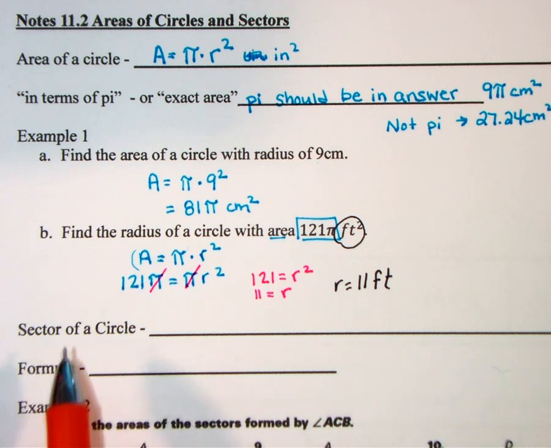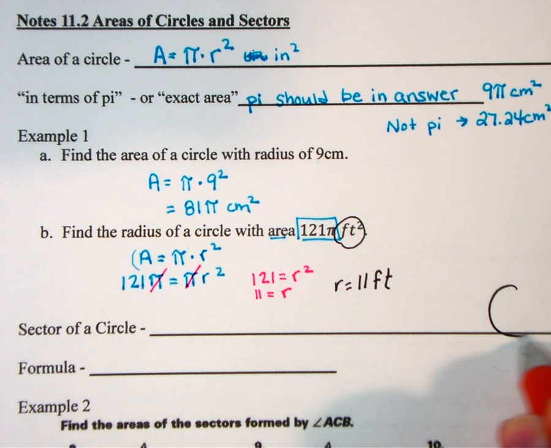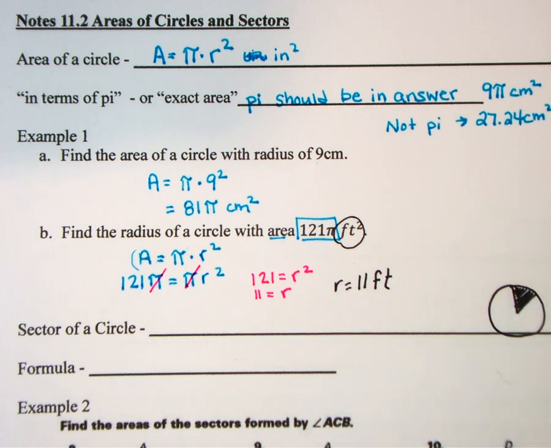So the sector area, so a sector, think of it like a slice of pizza. So if this was my whole pizza, a slice of pizza might look like this. That is a sector. So a sector is a piece of the entire area of a circle.